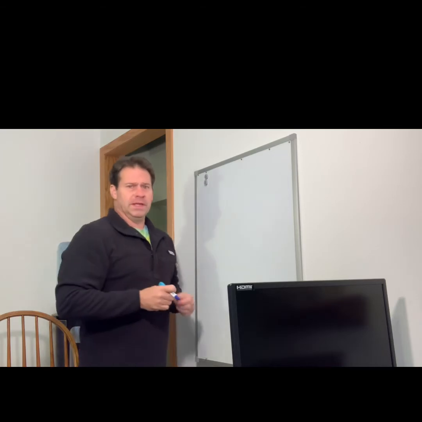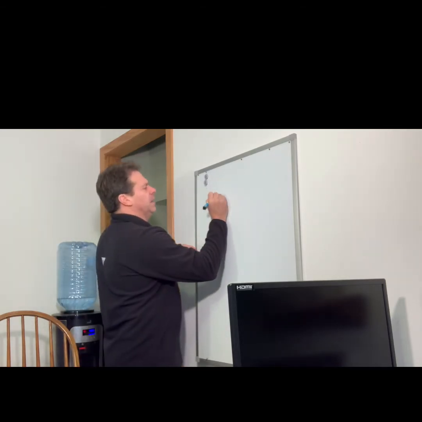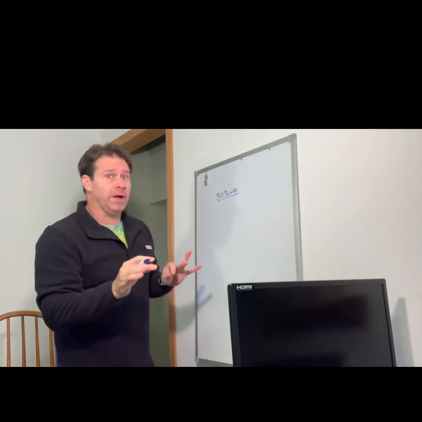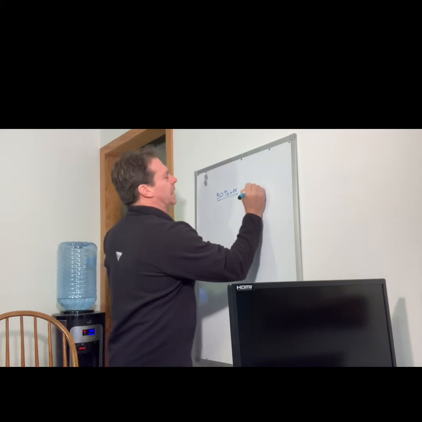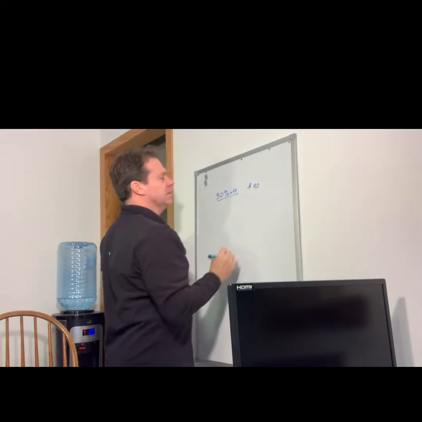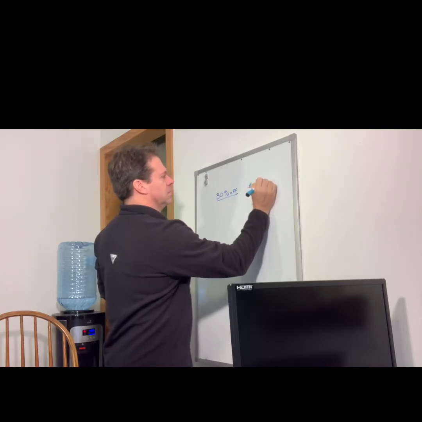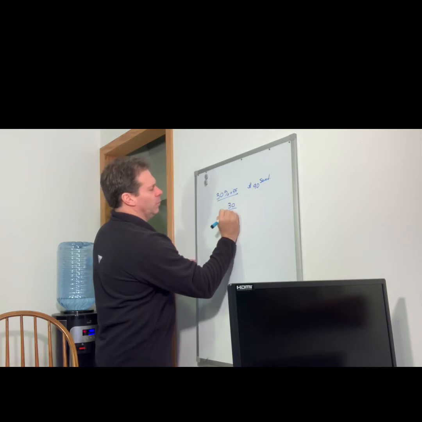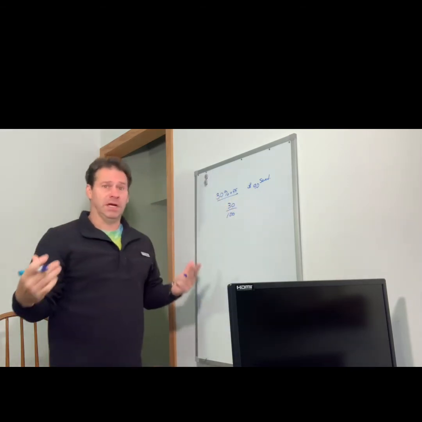If they told me that I'm getting 30% off of a price, I don't know the price, but I know that I just saved $90. Set it up as a proportion. 30 over 100, because 30% means out of 100.